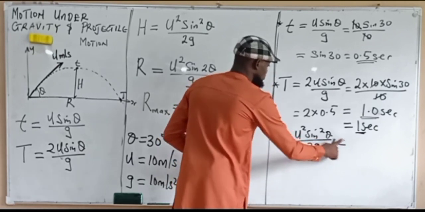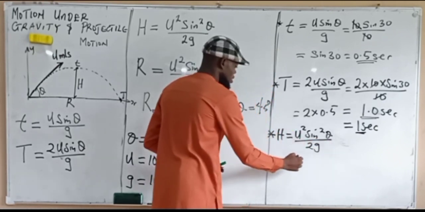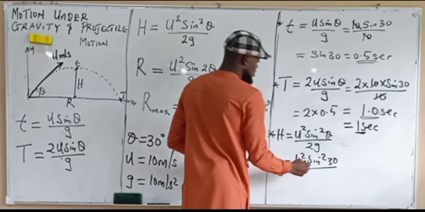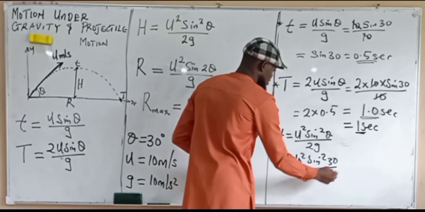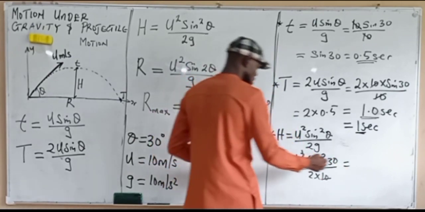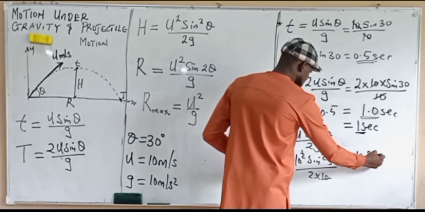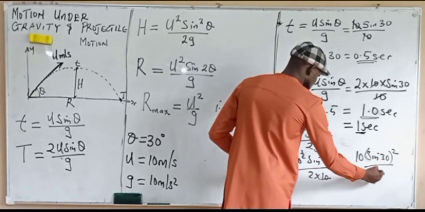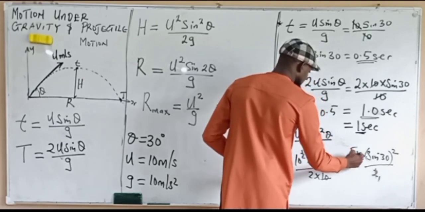It should be equal to 10 square sine square 30 over 2 times 10. So one of these 10 will cancel this 10. We're going to have 10 sine 30, everything squared, over 2. 2 here is 1, 2 here is 5.